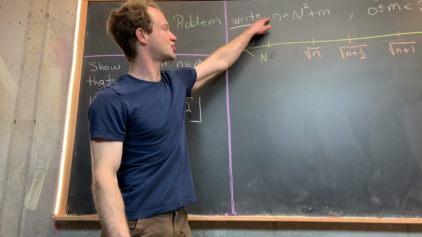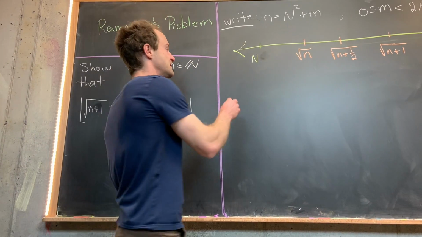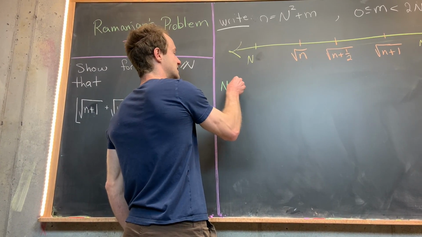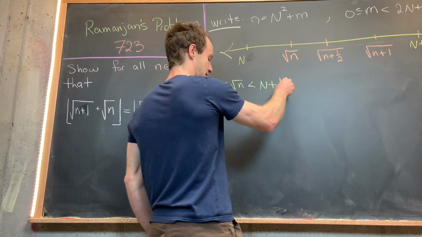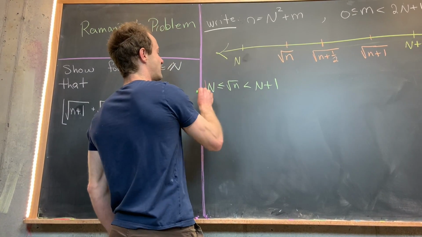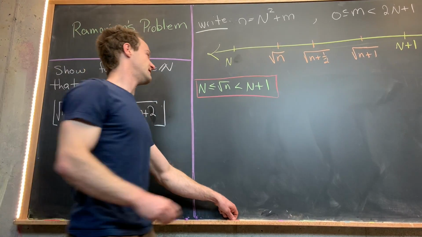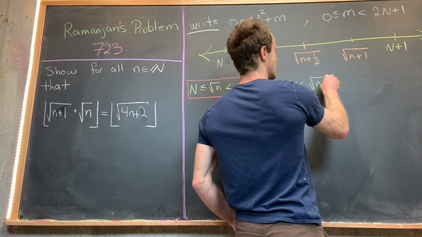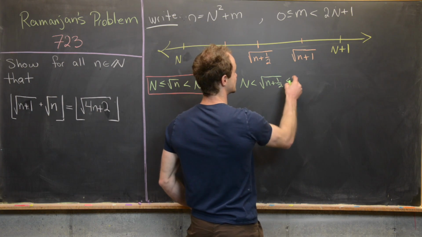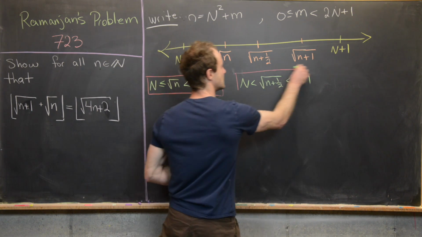And now by this construction up here, let's see exactly where these three numbers live. So we have capital N is less than or equal to the square root of n, which is strictly less than capital N plus 1. So that follows by our definition of capital N right here. And then next, we have capital N is strictly less than the square root of n plus half, which is also strictly less than capital N plus 1.